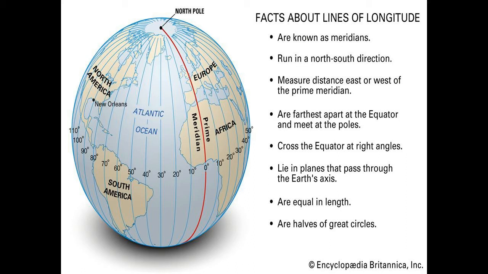The numerical value of a longitude is followed by the letter E or W for east or west of the prime meridian respectively. For example, 30° east, 40° east, 30° west, 40° west, etc.